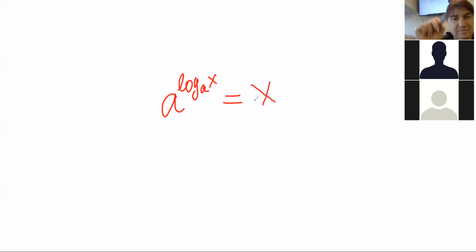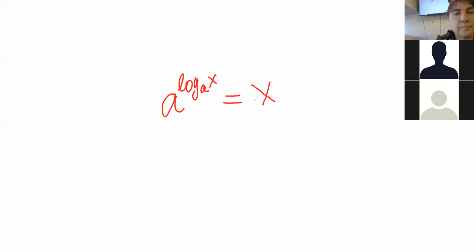Another one. The last one is really cool, but the proof is kind of long. We won't prove it, but let's see if you believe me that it's true. A to the power of logarithm with base a of x equals x. The proof is on page 440.